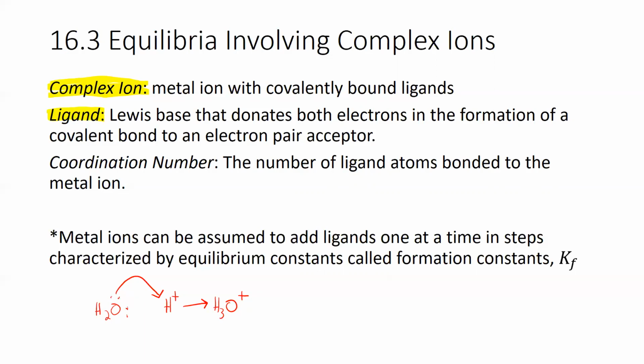In the case of a ligand, it is forming what's called a coordinate covalent bond. So a coordinate covalent bond is a type of covalent bond where you still have the two orbitals that overlap, but the electrons are both donated by one element in the bond.